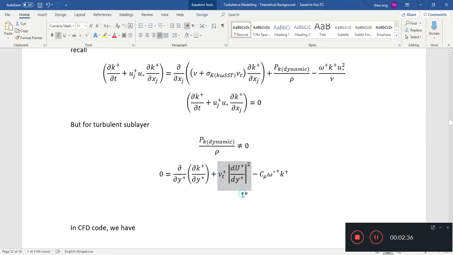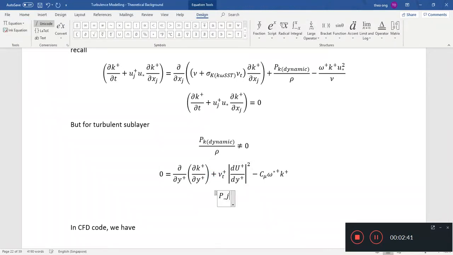So this is the dynamic production rate, because that one's including the density.